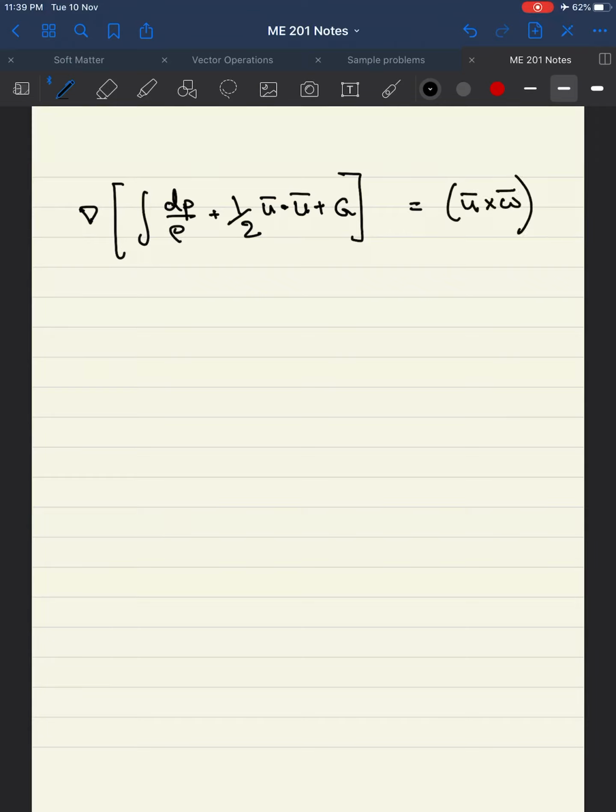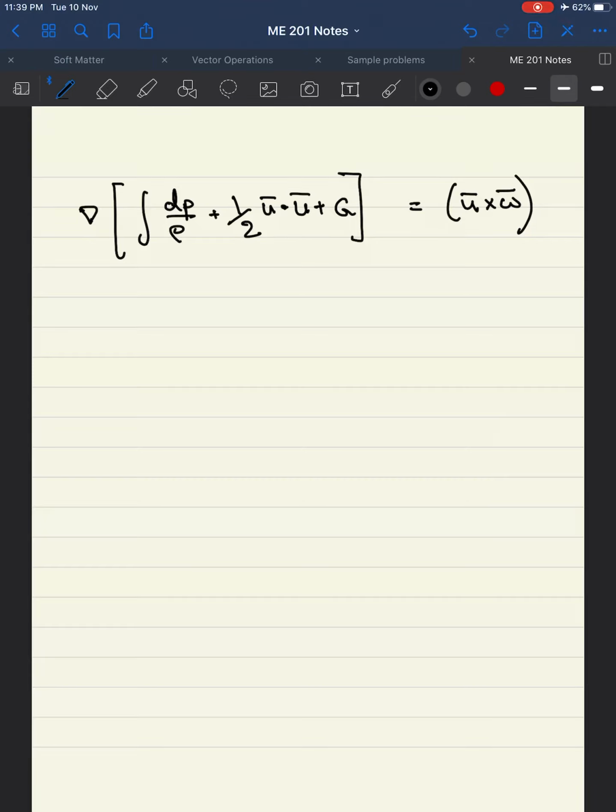Next, we rewrite the equations and then we are going to simplify. So we have gradient of the integral dp by rho plus half u dot u plus g, and on this side you are now left with only u cross omega, right?